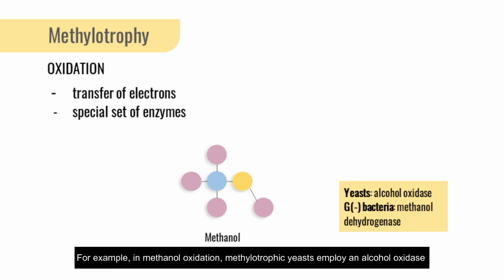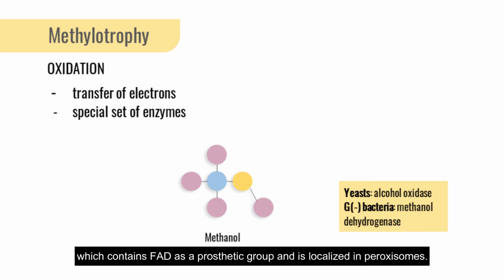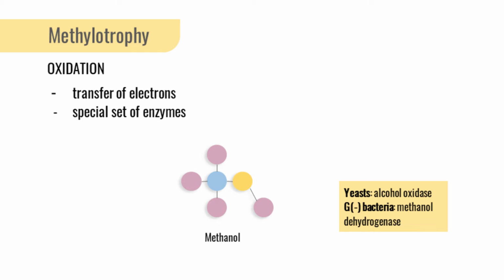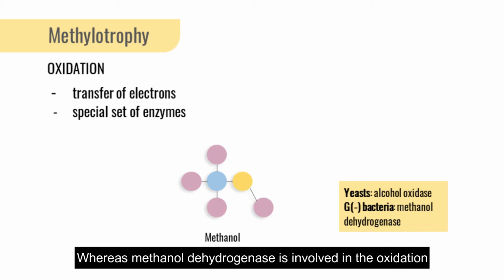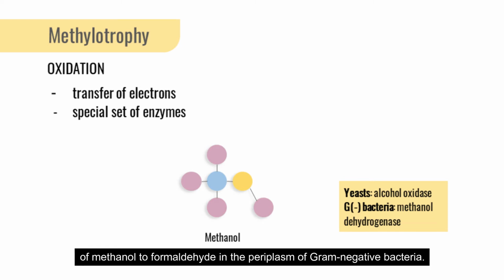For example, in methanol oxidation, methylotrophic yeasts employ an alcohol oxidase which contains FAD as a prosthetic group and is localized in peroxisomes. Whereas methanol dehydrogenase is involved in the oxidation of methanol to formaldehyde in the periplasm of gram-negative bacteria.